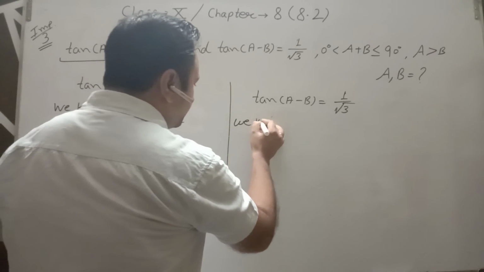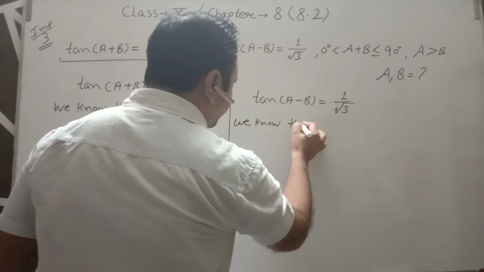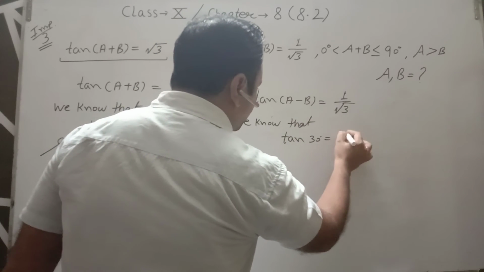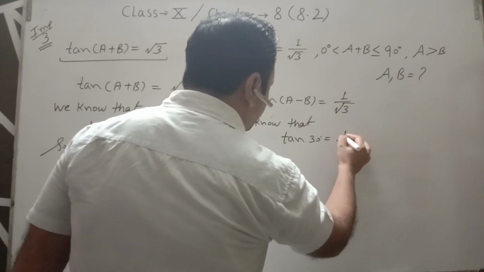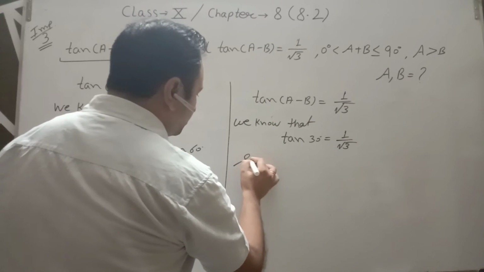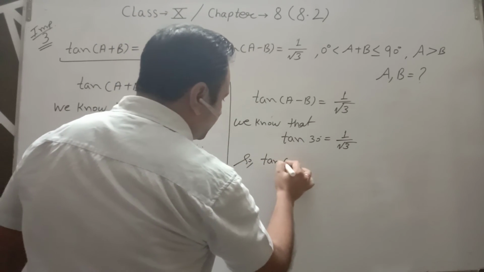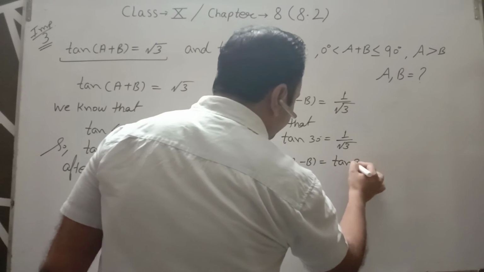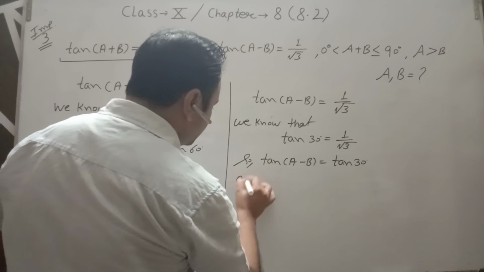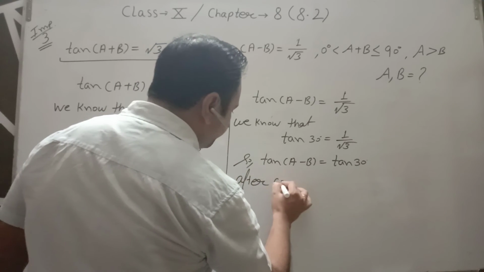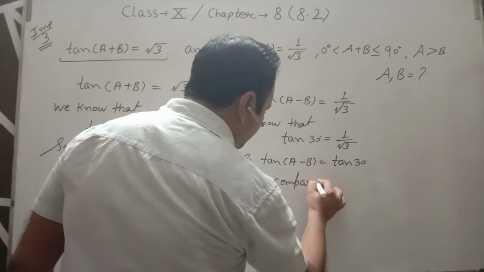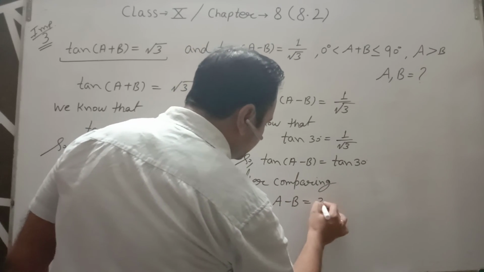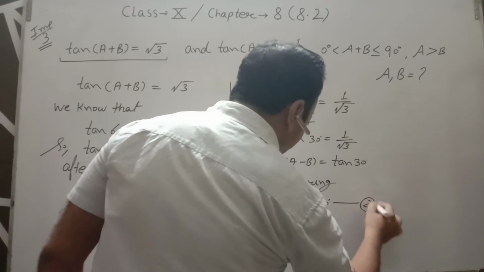It means we know that tan 30 degree is equal to 1 upon under root 3. So tan (a minus b) is equal to tan 30 degree, and obviously after comparing we can say that a minus b is equal to 30 degree, and it is equation number 2.